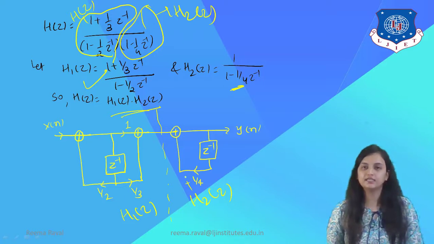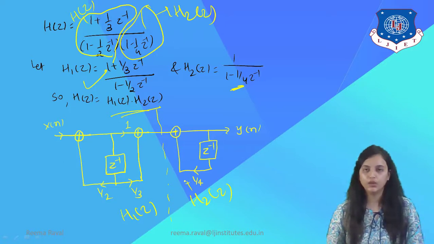So this is the cascaded realization for the given system function, and according to the difference equation, we have obtained the cascaded realization for the IIR system. So I hope that the cascaded and parallel form structures are clear to you now, that is, designing for an IIR system.